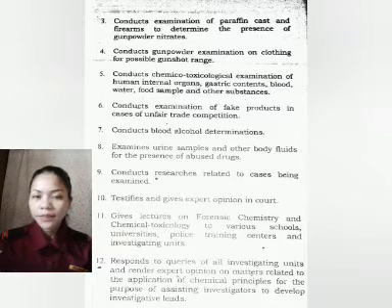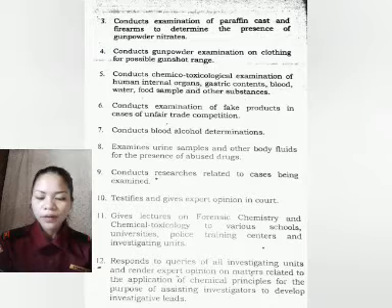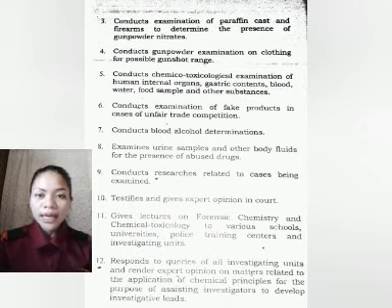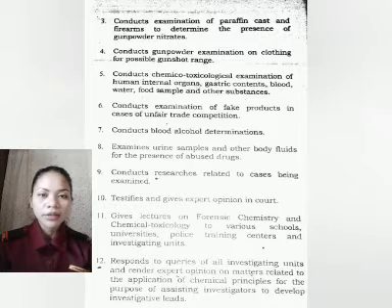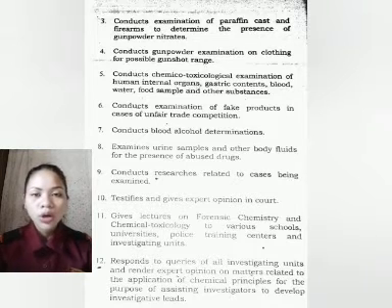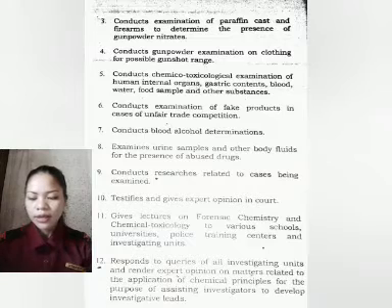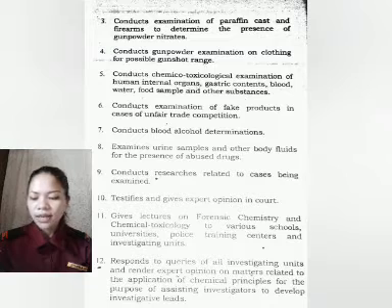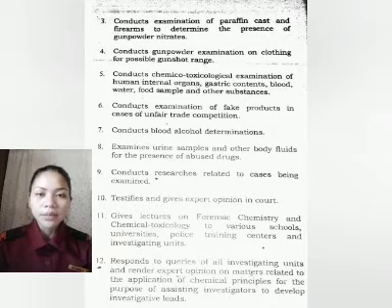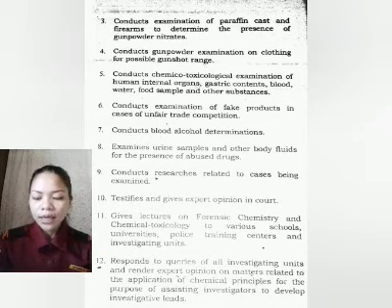And then number 11, give lectures on forensic chemistry and chemical toxicology to various schools, universities, police training centers, and investigating units. So, in forensic chemistry, there must be lectures in schools, even in universities and police training centers and investigating units, because forensic chemistry is very useful and one of the most important to have.